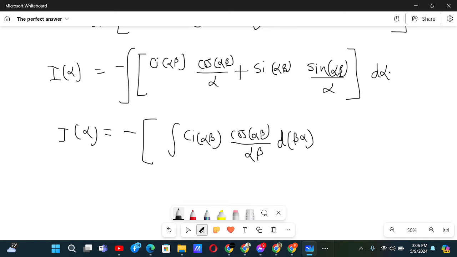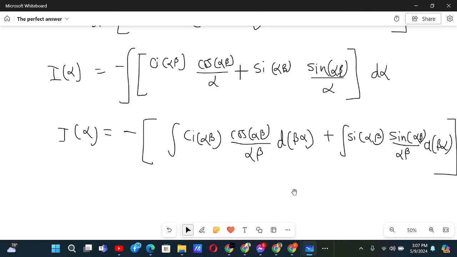Yes, because it's in the world of alpha. Beta comes out, beta cancels out, so we have this thing. Similarly over here, we can do the same thing. Si of alpha beta, over here we can write this as sine of alpha beta by alpha beta, and then d of beta alpha, because beta is constant, it will come out and cancel.